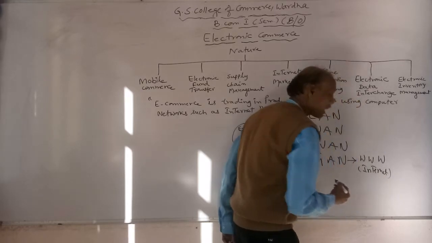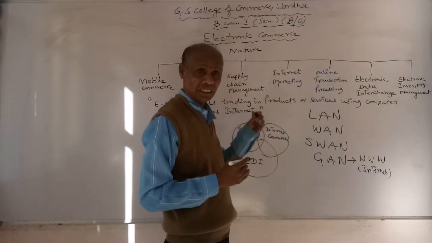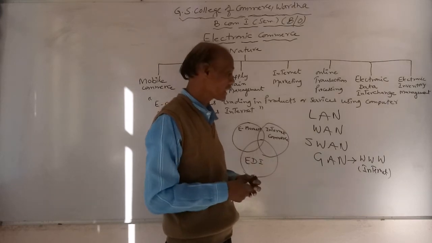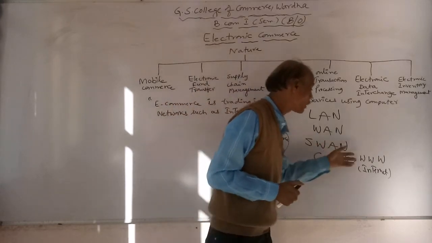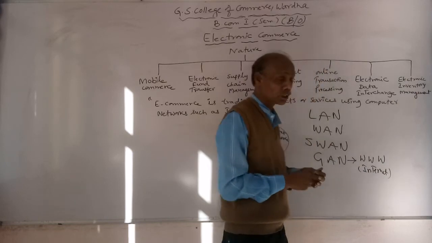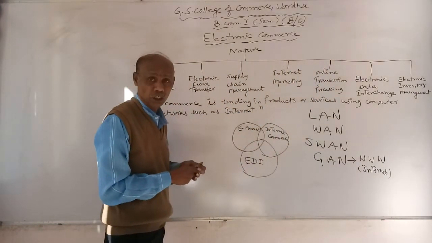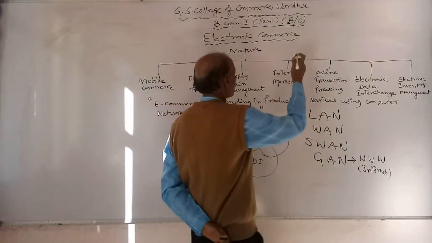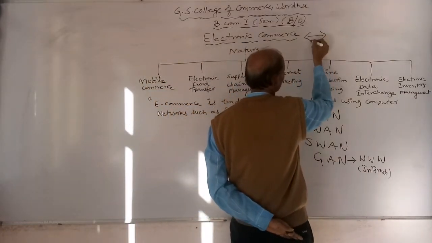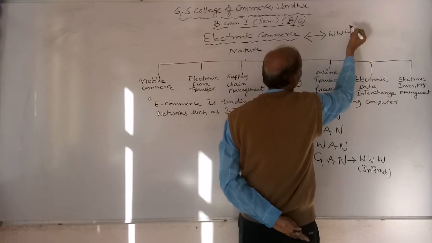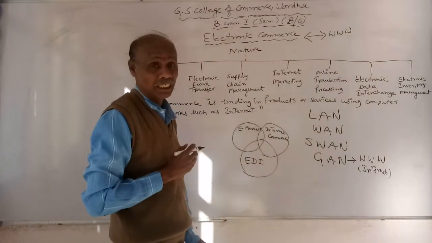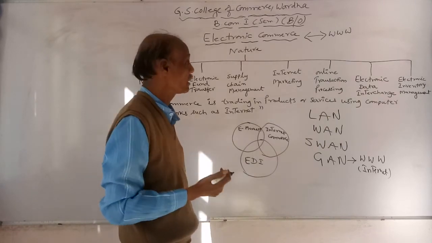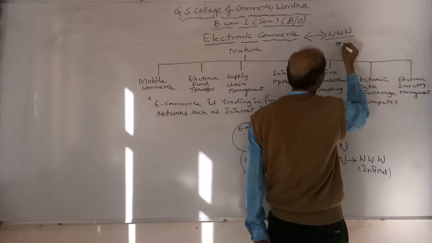So the combination of several networks connected together globally can be called WWW, World Wide Web, or the internet. So how is electronic commerce going to function? Electronic commerce is supposed to function with the help of WWW or GAN, global access through networks at the global level, and that is nothing but the internet.